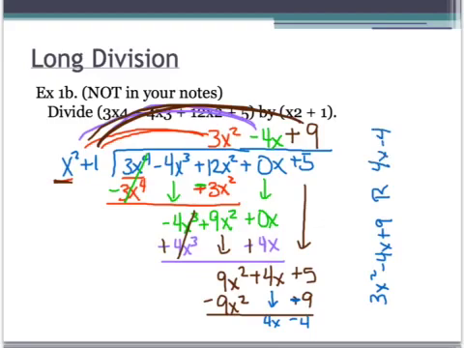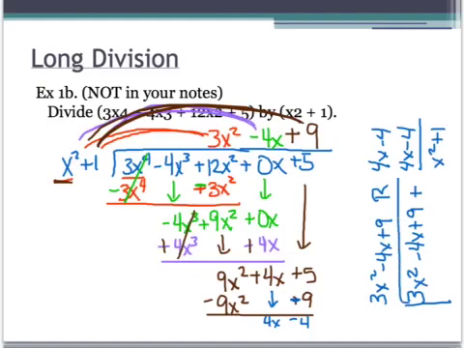Now, I really don't want you to write your answers like that. We always did that in elementary school, but we're not in elementary school anymore. So you would write your final answer as 3x squared minus 4x plus 9 plus your remainder over your divisor. And that is the quotient.